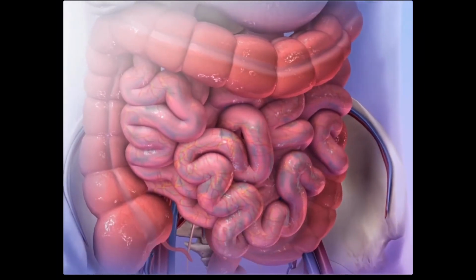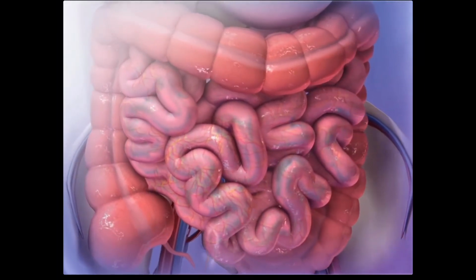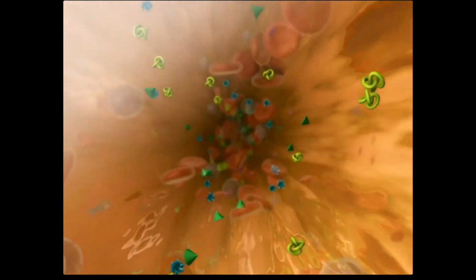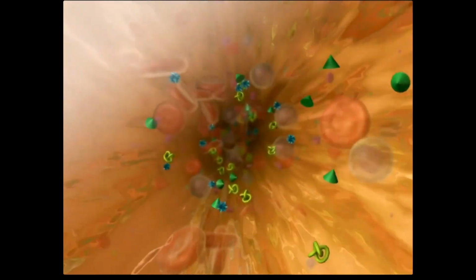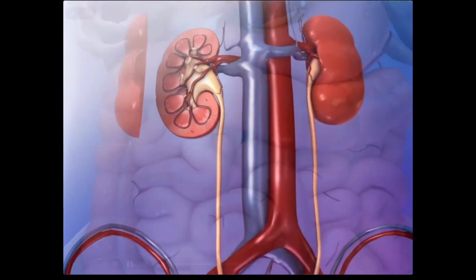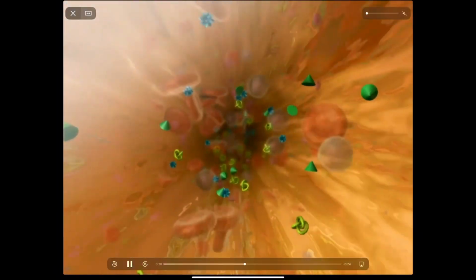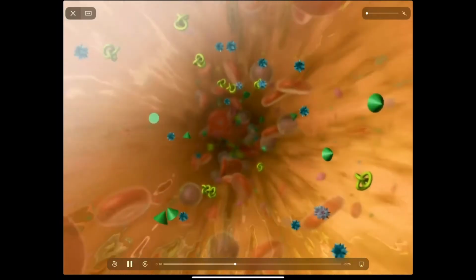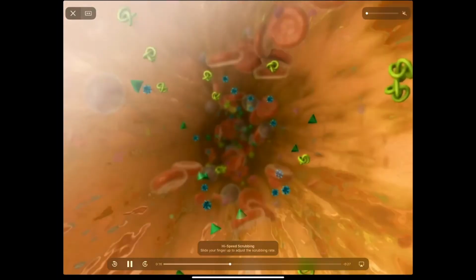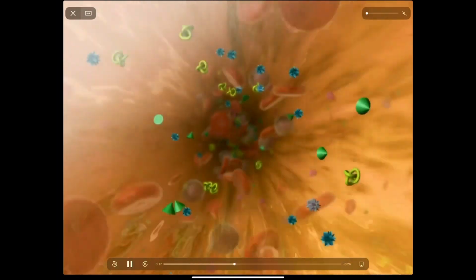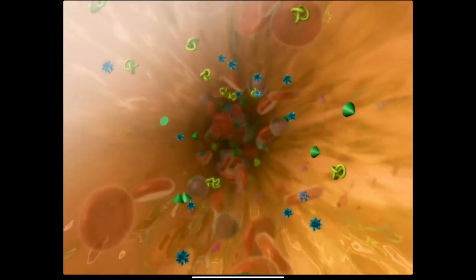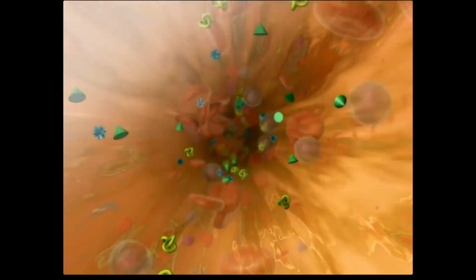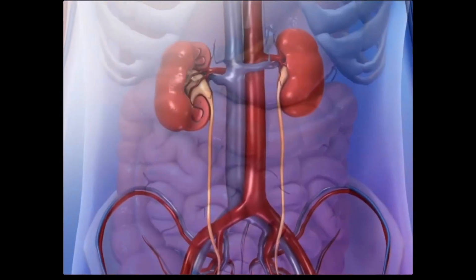Here in the small intestine, the products of digestion are absorbed into the blood plasma, and if you just go back a bit here, these are products of digestion that have come into blood plasma. They would include glucose, vitamins, minerals, and other dissolved substances.